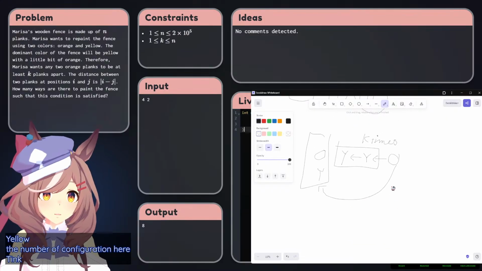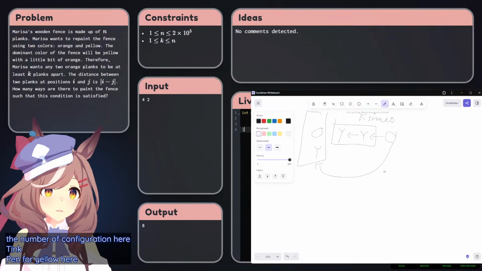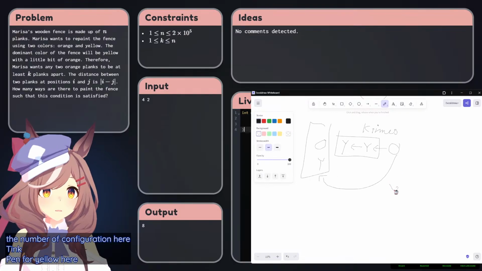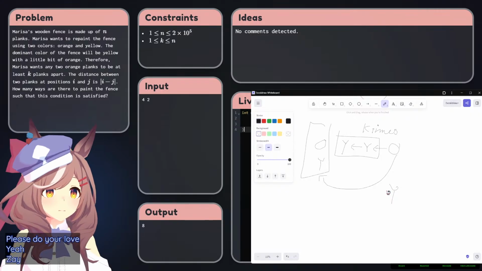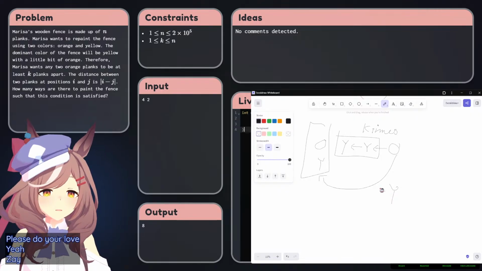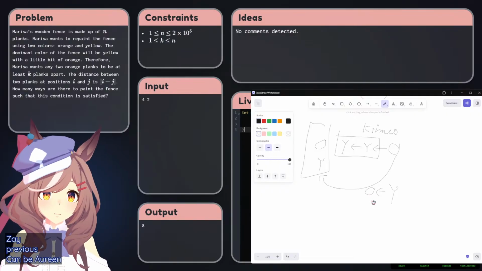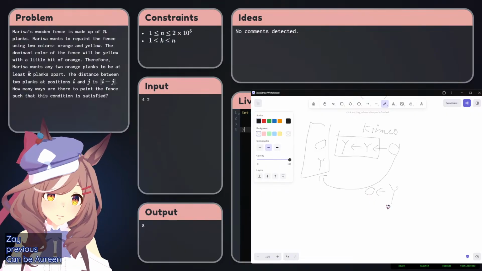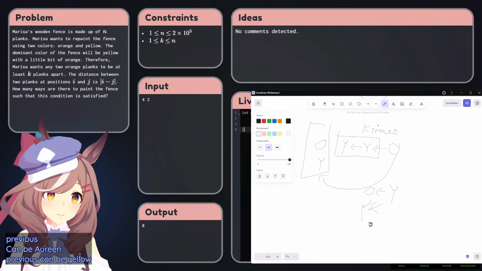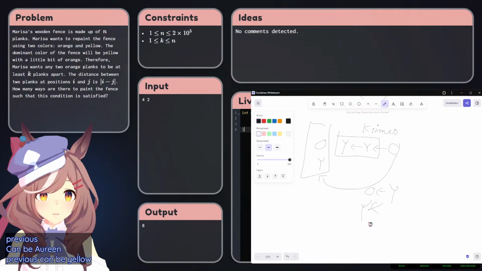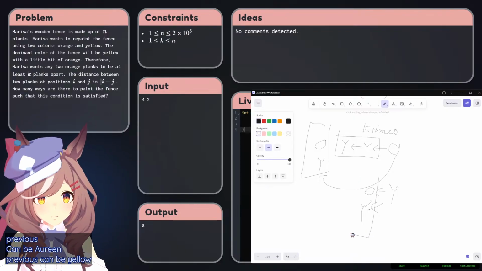And for yellow here, if it is yellow here, then the previous can be orange, or the previous can be yellow. So it should be the total of both.